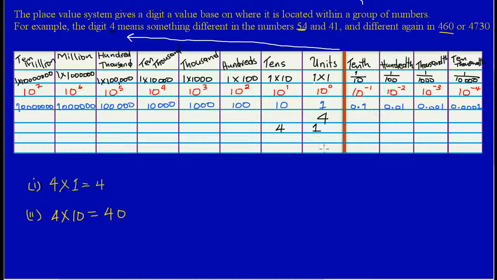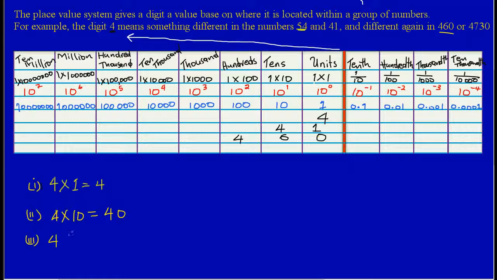So if I'm representing 460, I would place my 0 in the units column, my 6 in the tens column, and my 4 in the hundreds column. Now let's check the 4. It's the same digit 4 I'm working with, but based on where it is located, it has a different value.